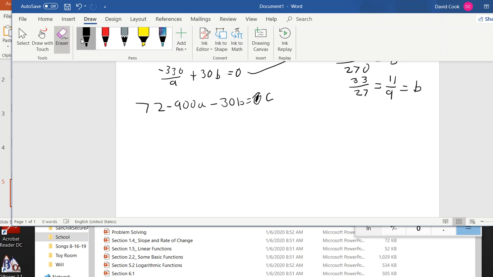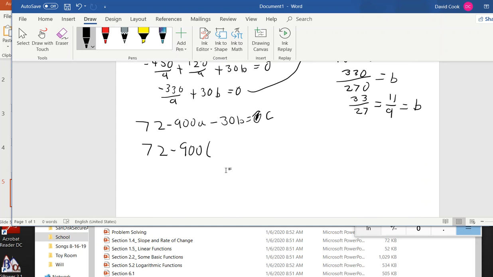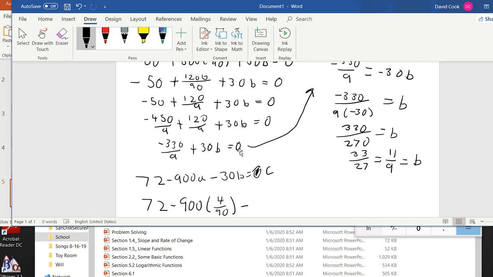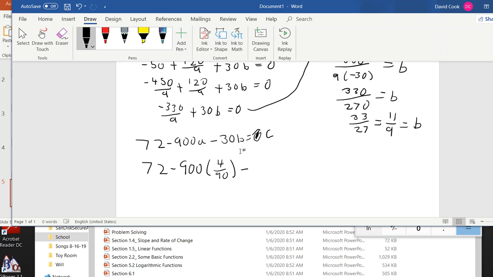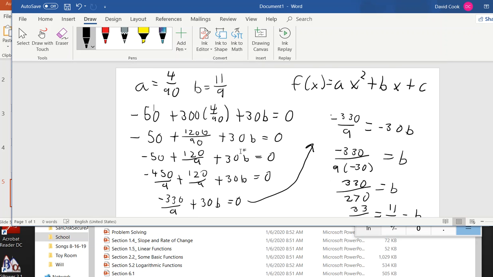So 72 minus 900 times A, and A is 4 over 90, so 4 divided by 90, and then minus 30 times B, and B is 11 over 9.